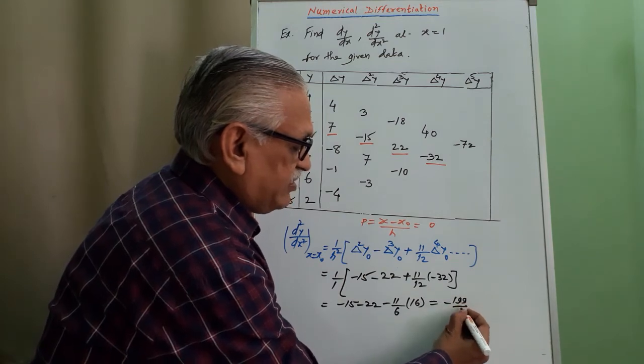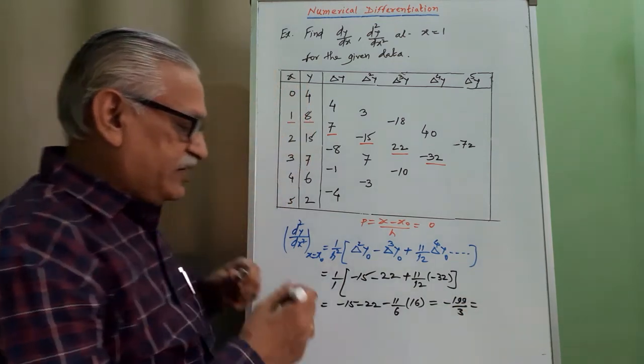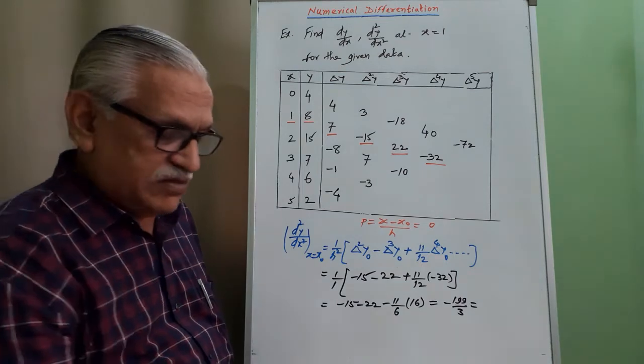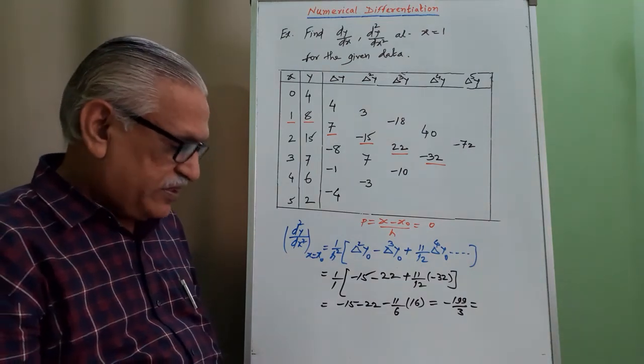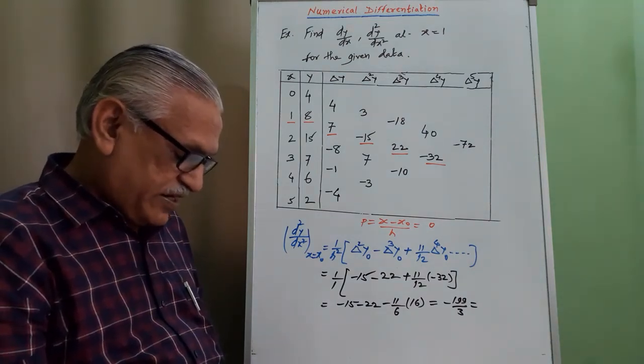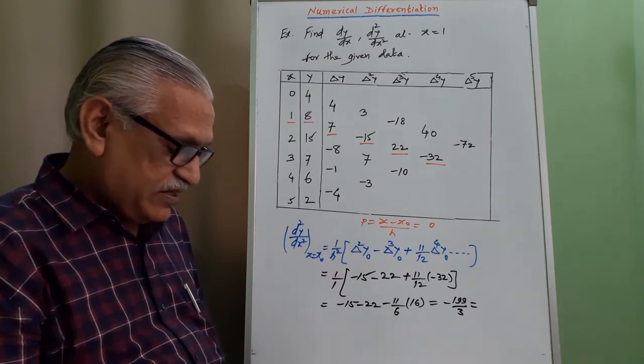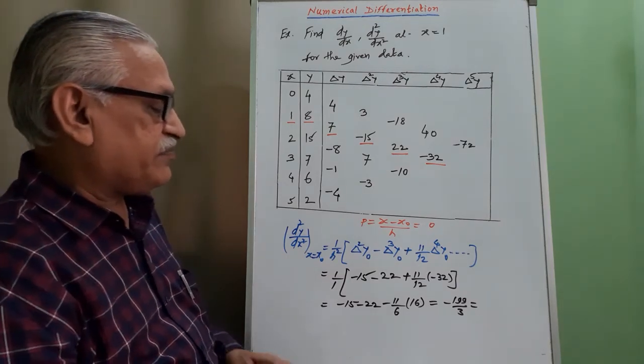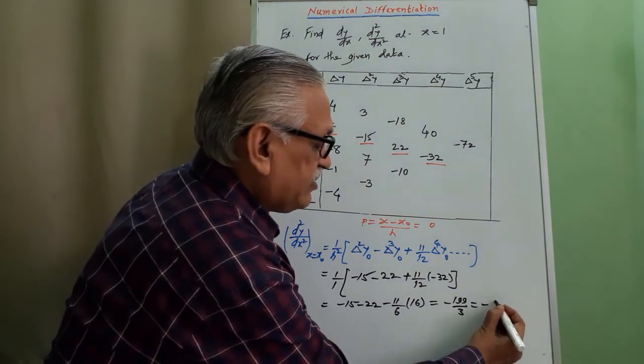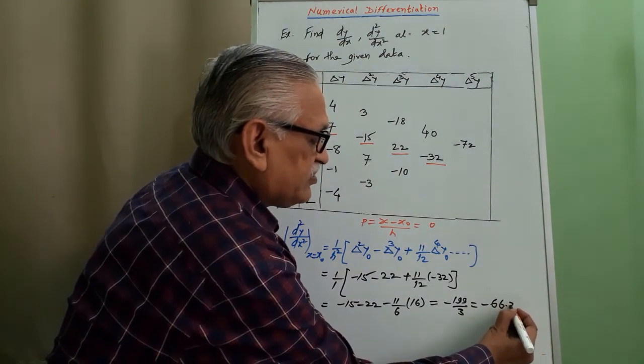If you find it in decimal form, 199 divided by 3 is 66.33, with the minus sign, minus 66.33.